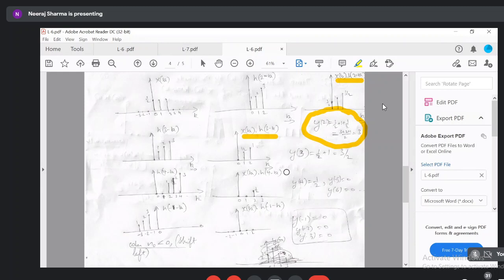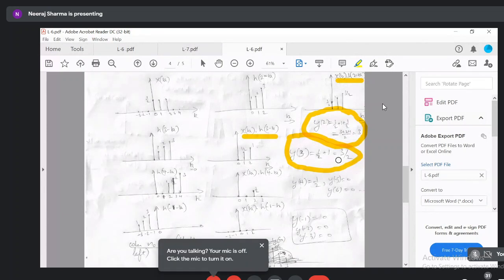So the rest of the samples will be equal to 0. So this is the product sequence, that is step number 4. And this is step number 5 for n naught equal to 3, right? So y3 will be equal to the sum of all the elements in the given product sequence, that is 1 by 2 plus 1, that is 3 by 2, right?